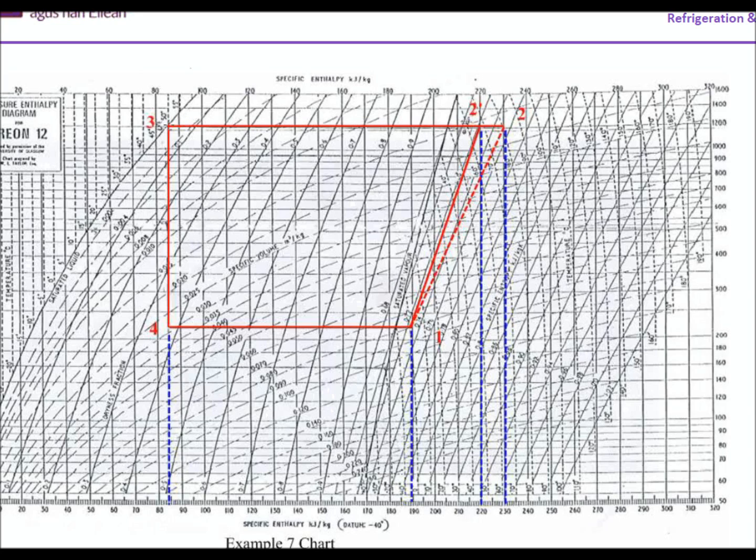Finally, we can draw a vertical line down from the point where at exit from the condenser at 50 degrees we have saturated liquid, and down vertically until it intersects the temperature line in the evaporator. So that completes our chart.